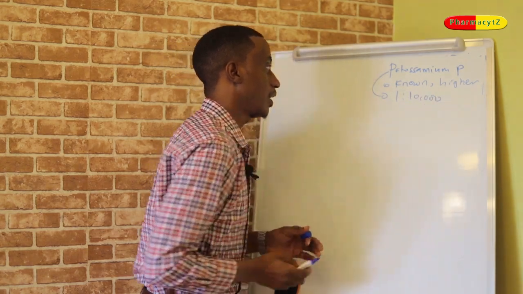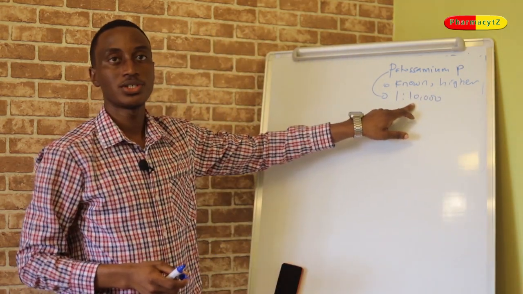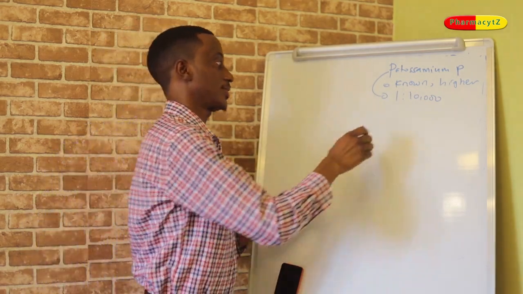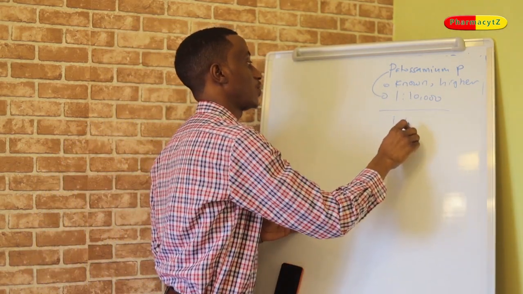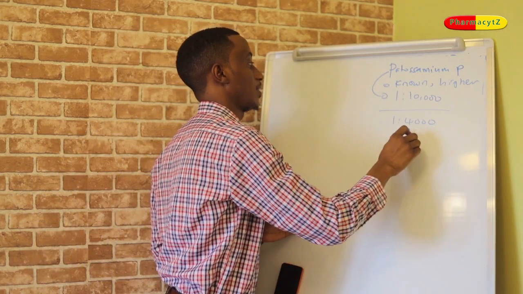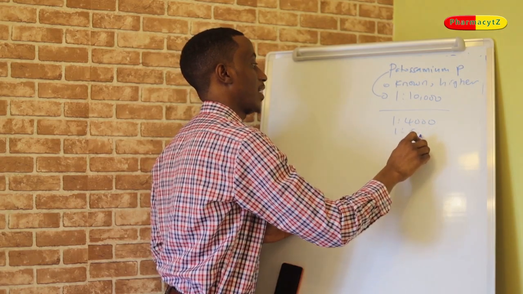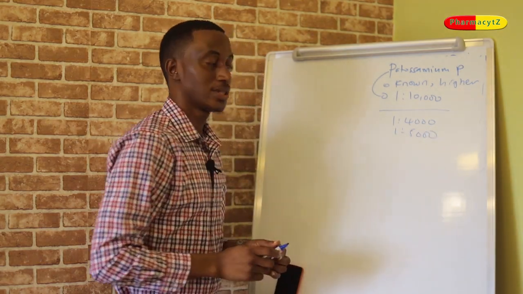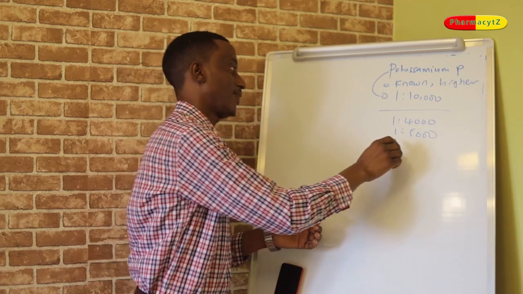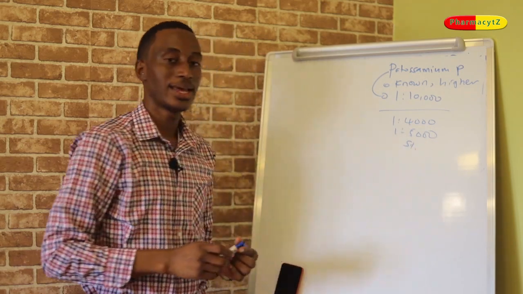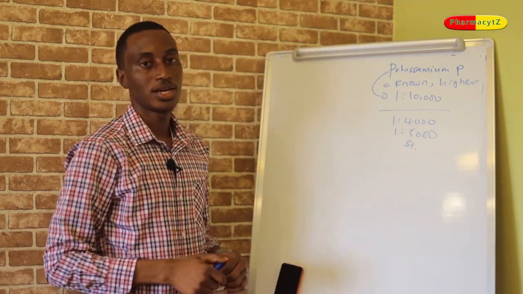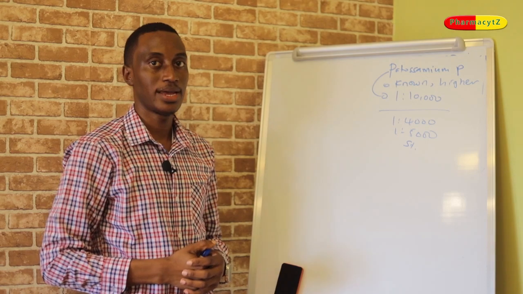1:10,000. Now from this higher concentration, weaker concentrations such as 1:4,000, 1:5,000, potassium permanganate 5%, and the other solutions may be prepared.